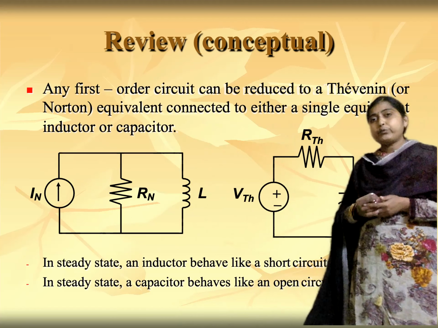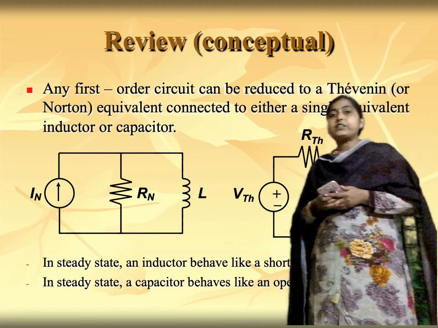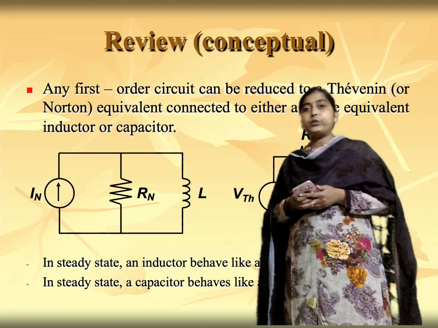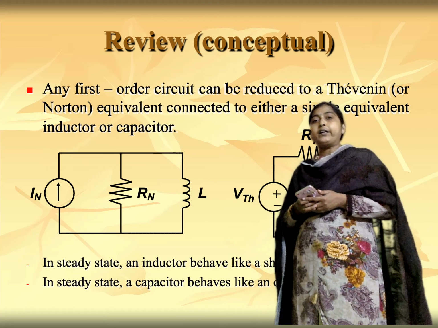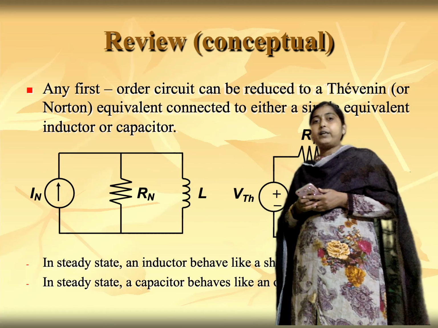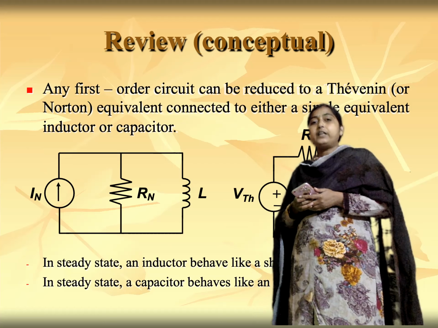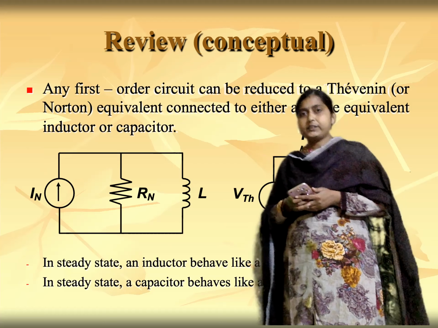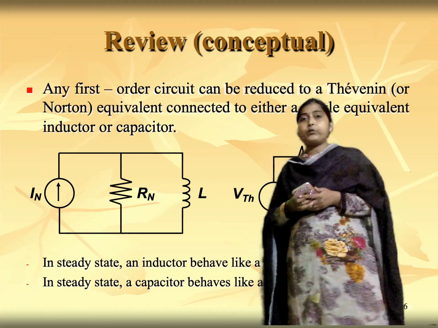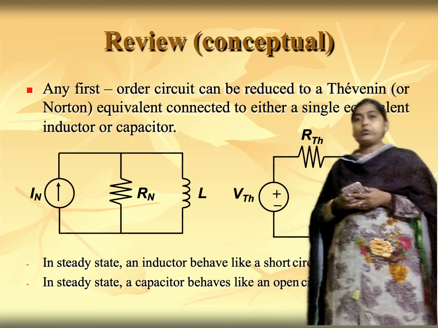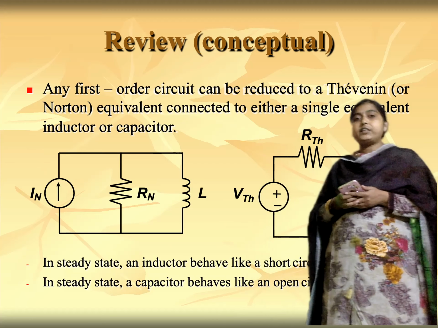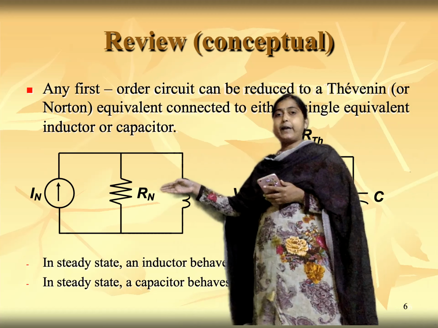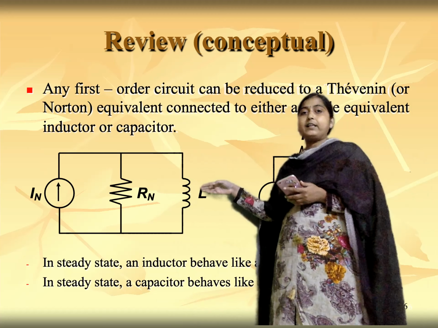Before we proceed with an RL circuit, let us first understand that any first order circuit can be reduced to its Thevenin's equivalent or Norton's equivalent along with an inductor or a capacitor. You have already learned about Thevenin's and Norton's equivalent circuits. In a Norton's equivalent, you have a current source and a resistor in parallel, then a parallel inductor.